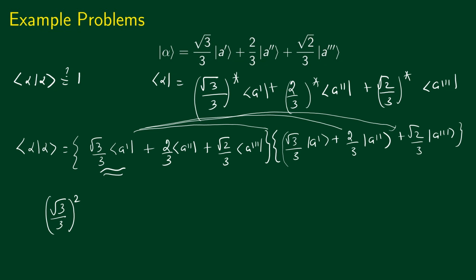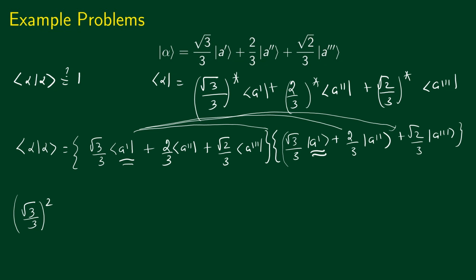If this is a complex conjugate, we'll normally write this as root 3 by 3 modulus square. Since we are dealing with real numbers here, I haven't written the complex conjugate symbol, but generally this would be of the form root 3 by 3 square. So I've got root 3 divided by 3 square, and then I have to combine this bra with this ket here.